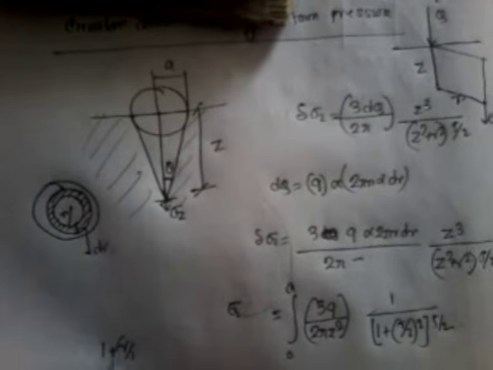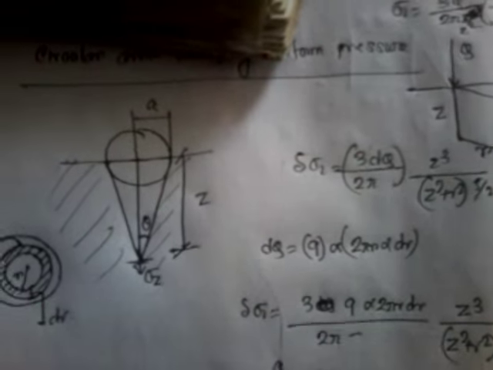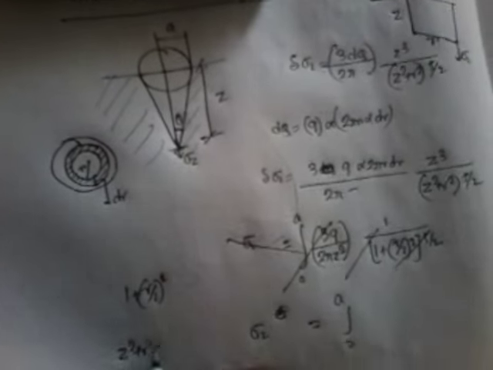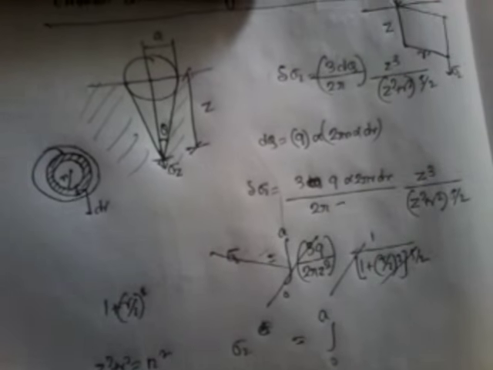So now we can integrate it. Sorry, we need not do it that way. If we integrate it from 0 to a, z square plus r square equal to n square, then 2r dr will be 2n dn, so r dr will be n dn.